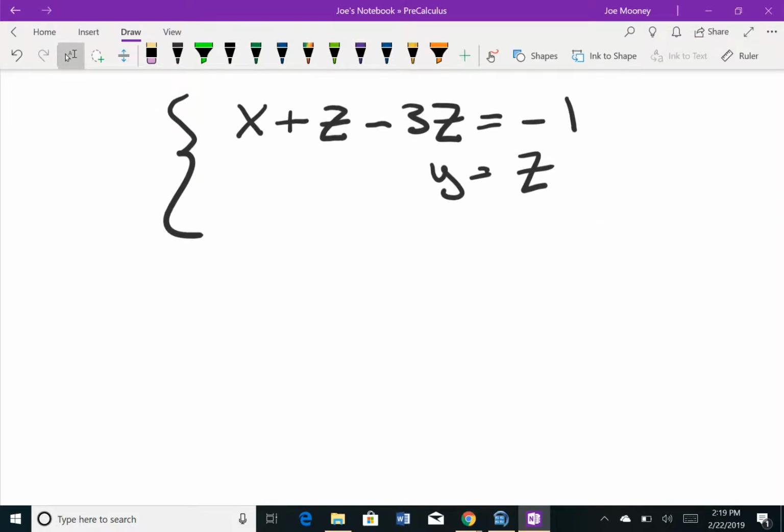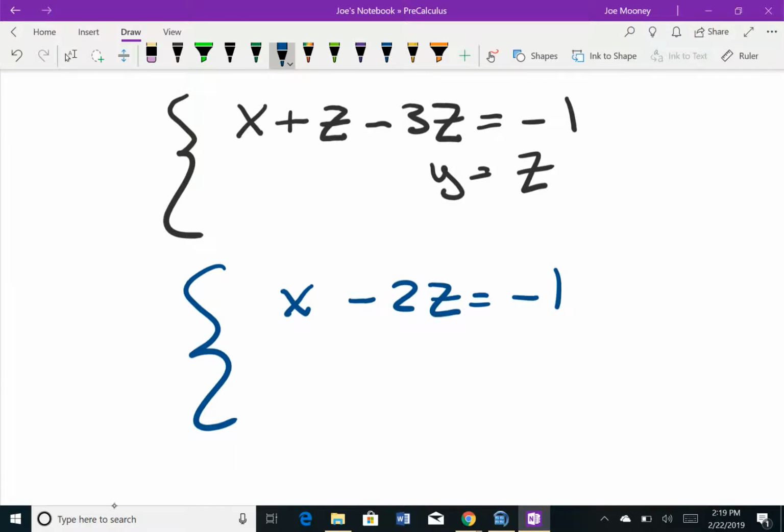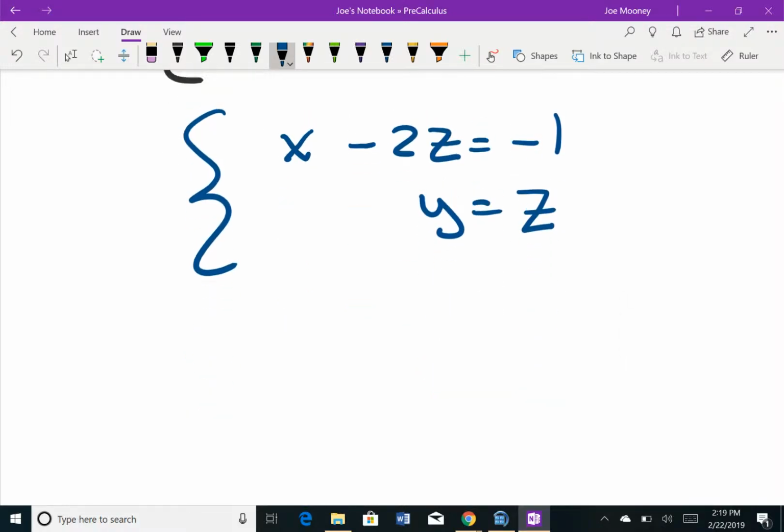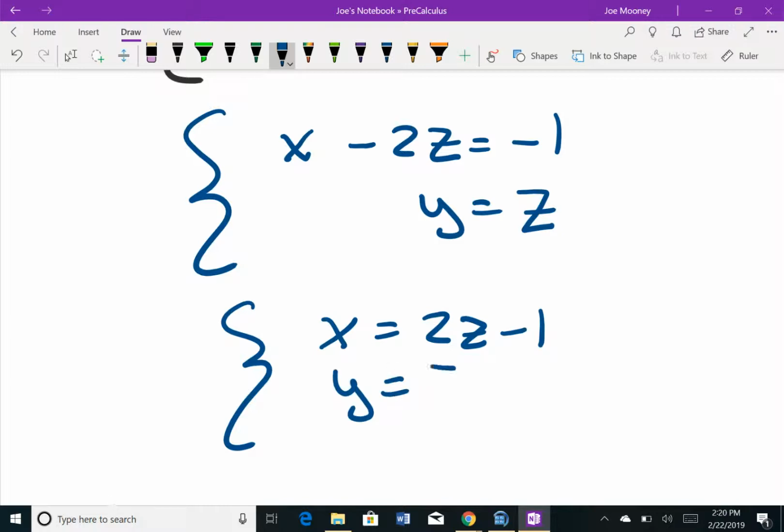If x plus z minus 3z, so let's give you time to catch up mentally. So if x minus 2z is equal to -1, doesn't that mean that x is equal to 2z minus 1 and y is equal to z?